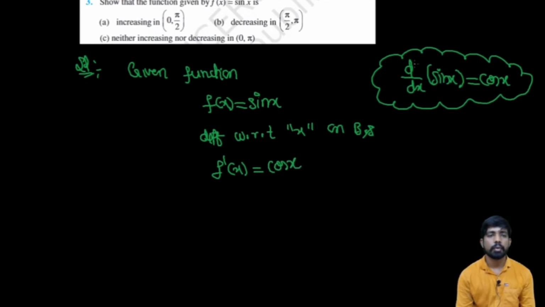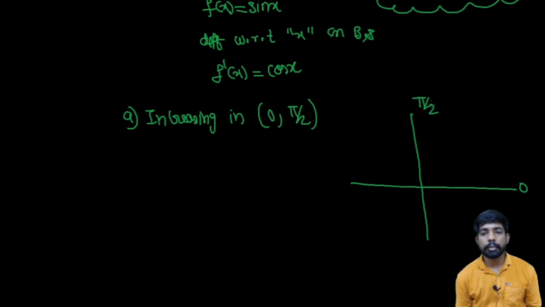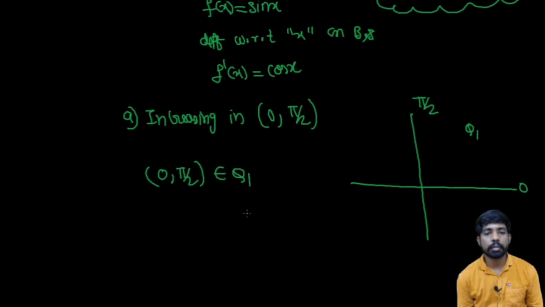Now what is being asked in the first part: we have to prove that the function is increasing in 0 to pi by 2. 0 to pi by 2 belongs to the first quadrant.